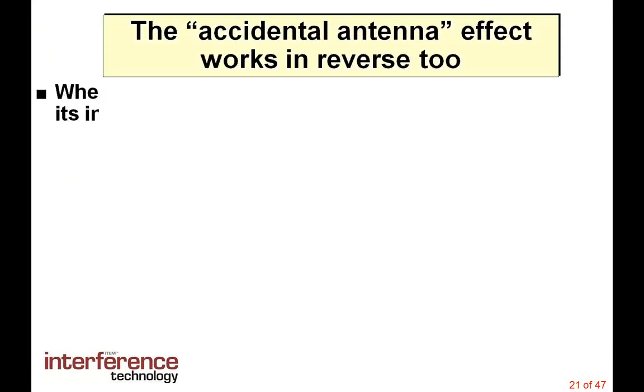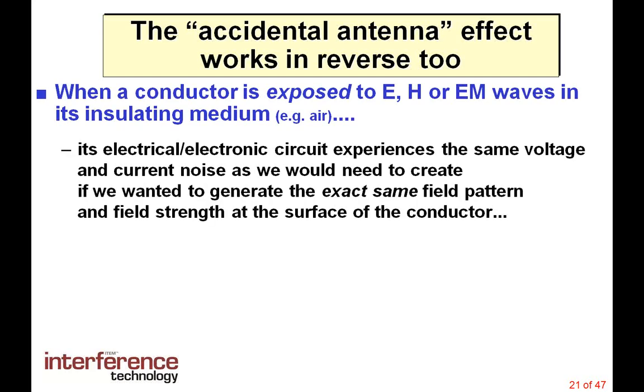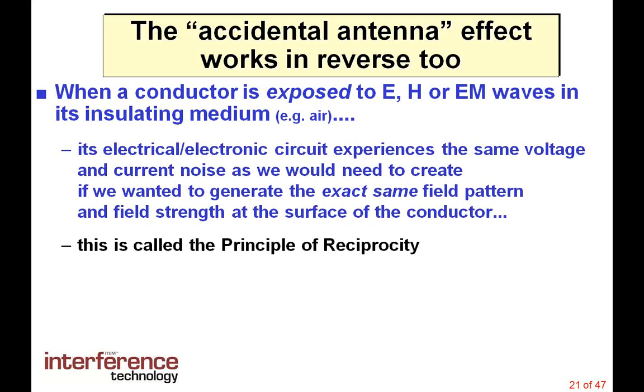Accidental antennas work backwards too. If a conductor is exposed to electromagnetic waves in its insulating medium, its air in other words, then the electrical or electronic circuit that it's part of experiences the same voltage and current noise as we would need to create if we wanted to generate the exact same field pattern and field strength at the surface of the conductor. So it's sometimes called the principle of reciprocity.